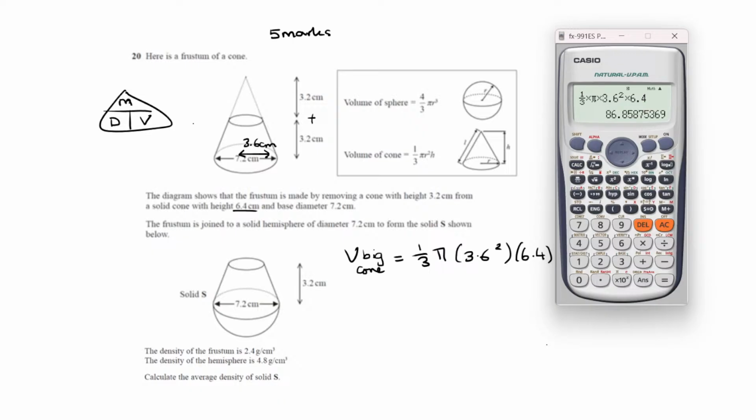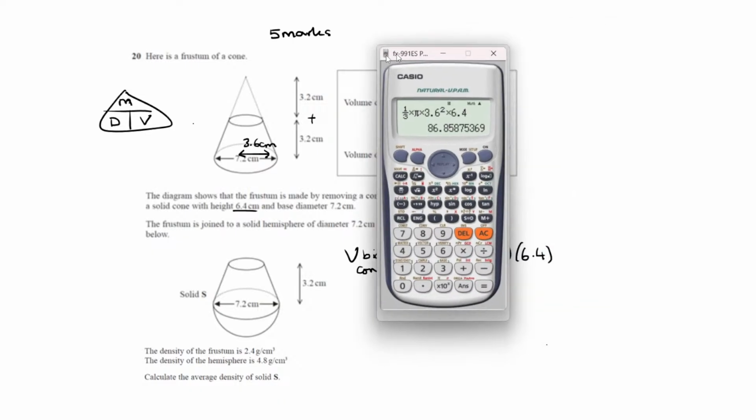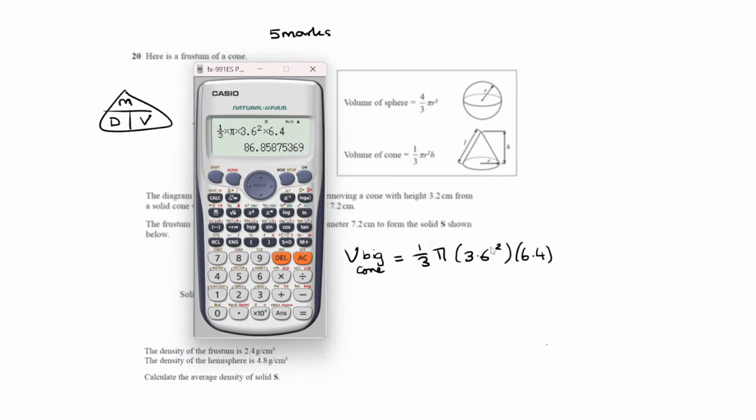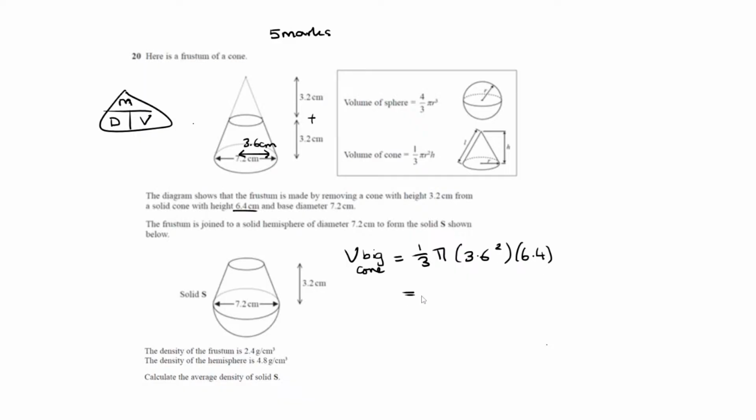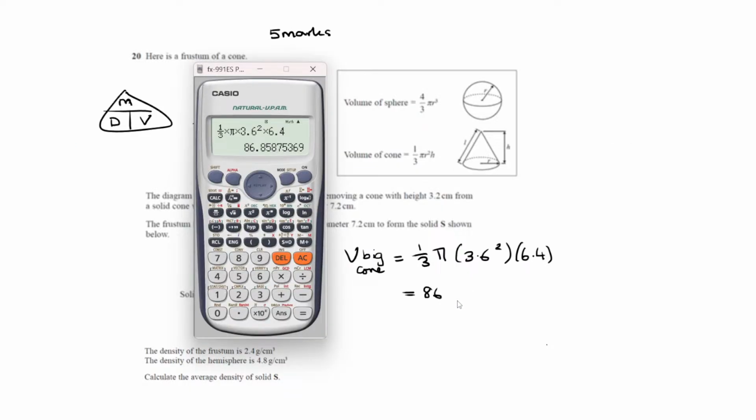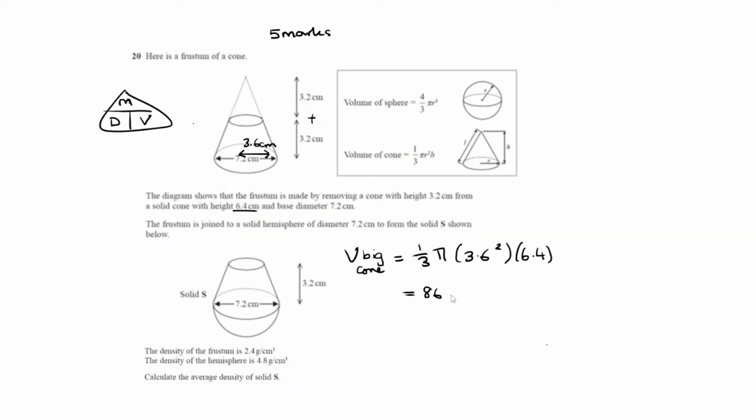So we're going to get loads of numbers. I'm going to write down a couple of those decimals, but ideally I would want to keep them in my calculator, or you can use the storage function if you want. 86.858... Try not to round anything too soon when it's not the end of the question. So that's the volume of the big cone.